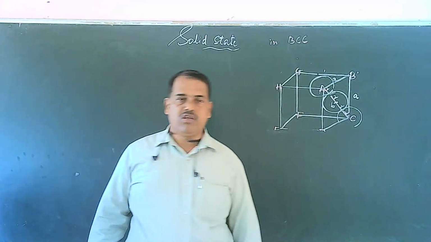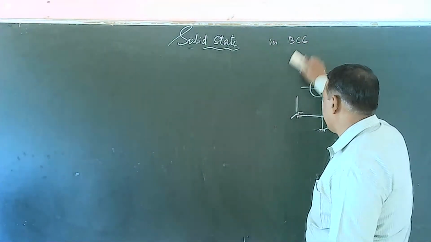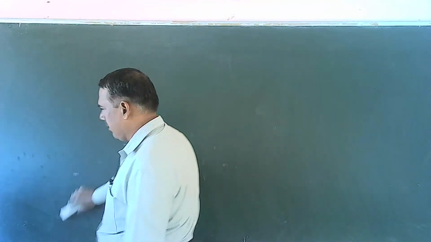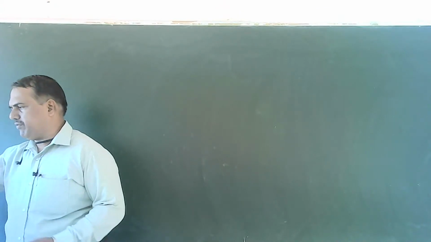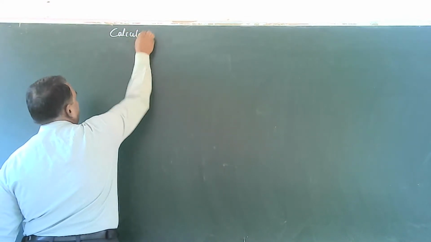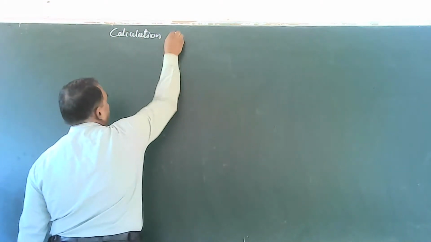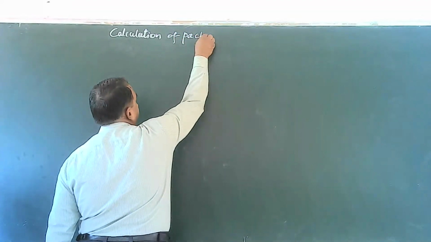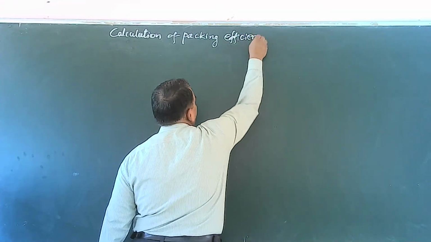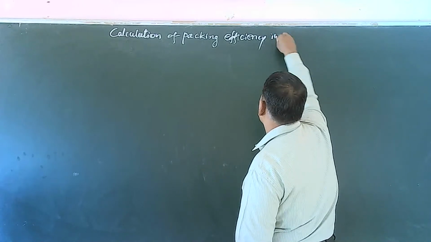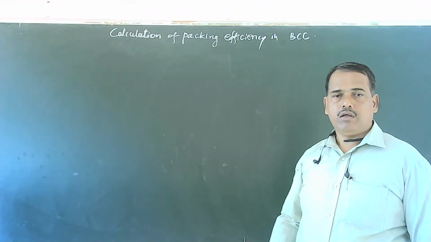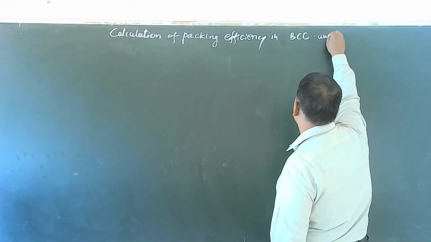So, what is the percentage we got in CCP or HCP? It is nothing but 74%. Now we should study the packing efficiency calculation in BCC, the body centered cubic unit cell. Are you clear? Body centered cubic unit cell.